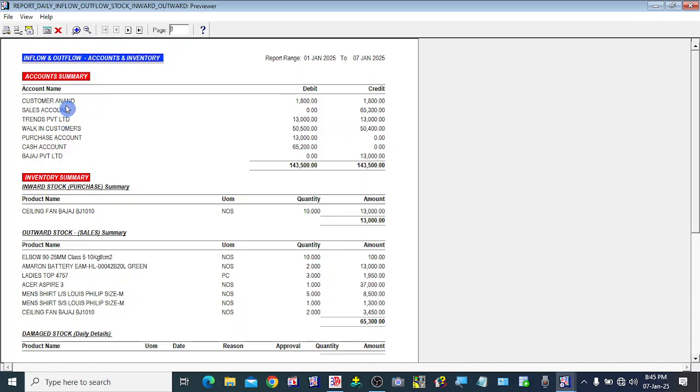Like, we have sold goods worth 1800 to customer Anand and we received the exact amount from customer Anand. And in the sales account you can see during this interval there was a sale of 65,300.